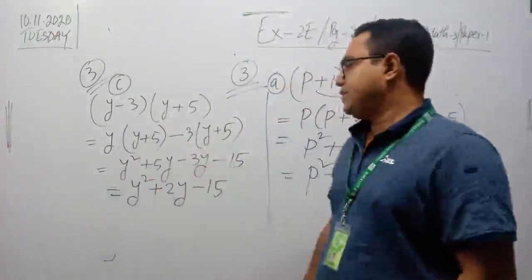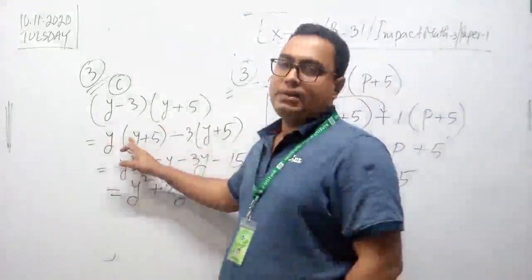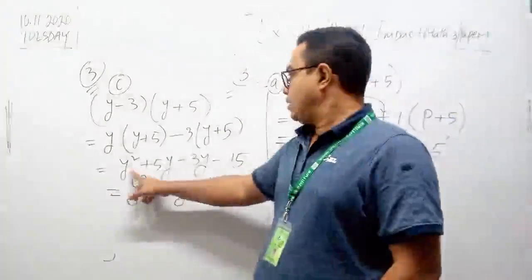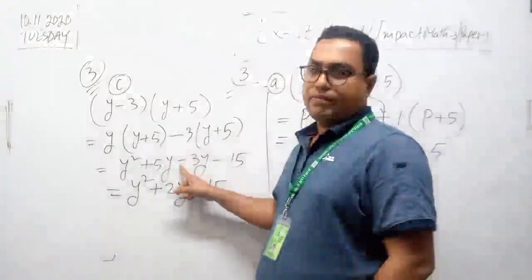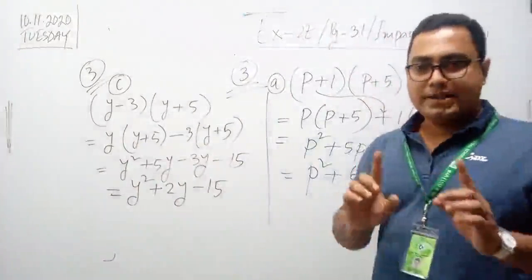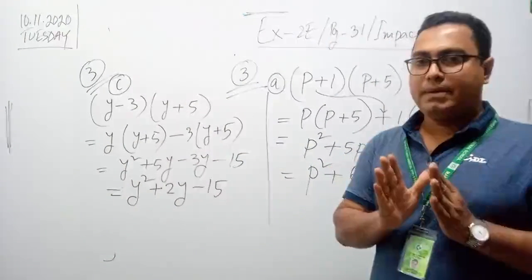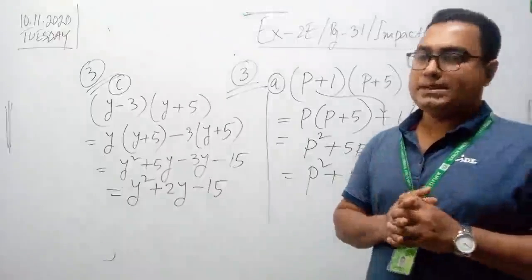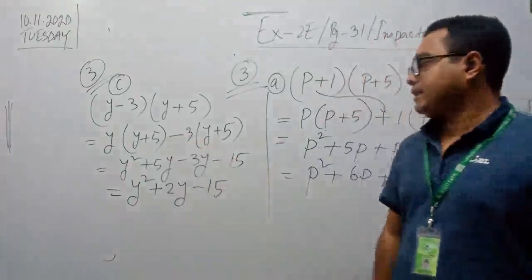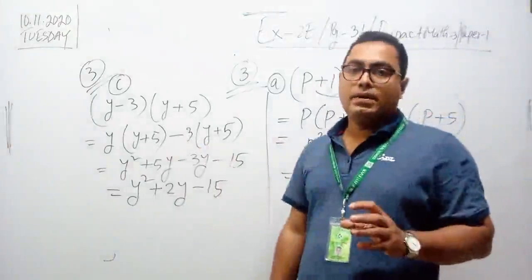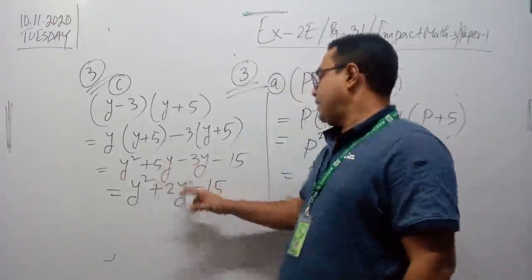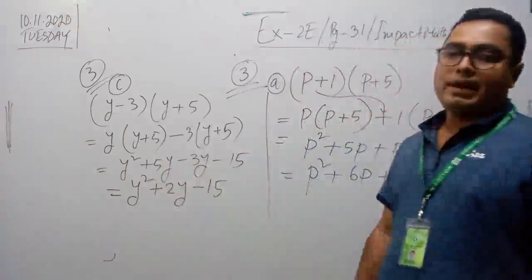Again, distribution, y and y is y square. Look here, y square. Y into 5, 5y, minus sign here. Minus 3 into plus y. Minus into plus, they are opposite signs. If we multiply them, we will get a minus sign. So minus 3y, minus 3 into plus 5, minus 15. So y square plus 5y minus 3y is 2y, minus 15.